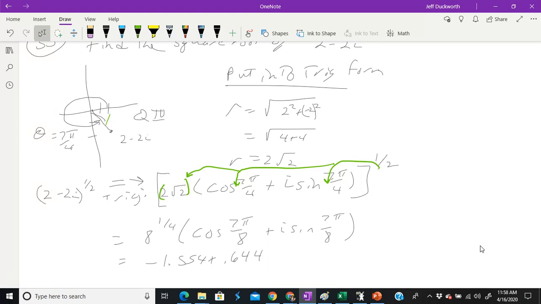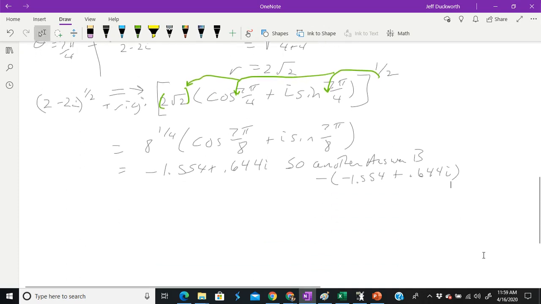So another answer is going to be negative 1.554 plus 0.644i, which comes out to positive 1.554 minus 0.644i.